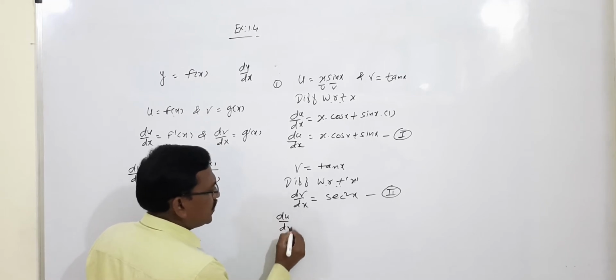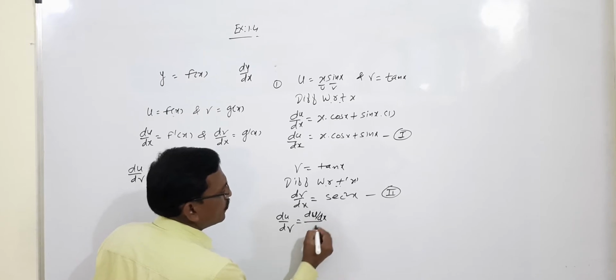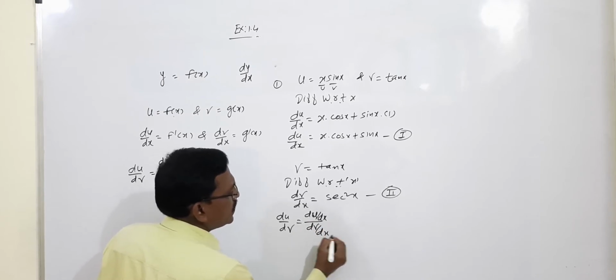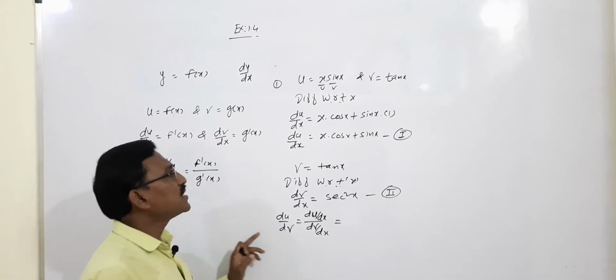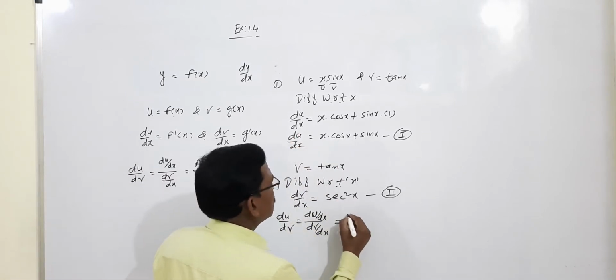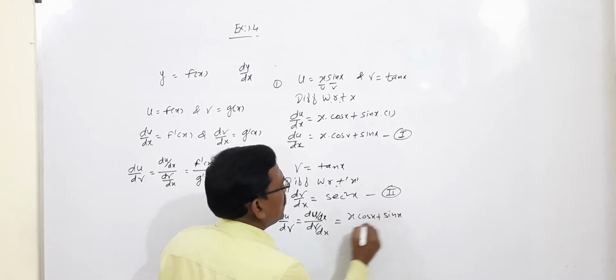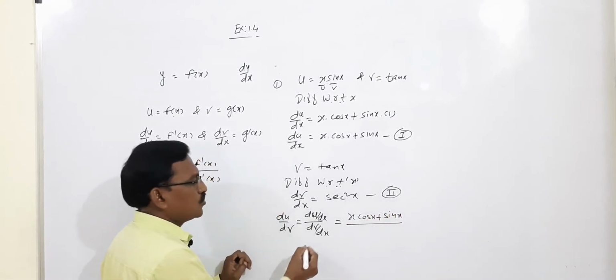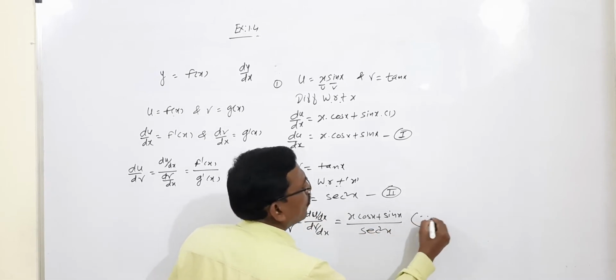Now du by dv is equal to du by dx divided by dv by dx. From equations 1 and 2 we put the value of du by dx, from 1 it is x into cos x plus sin x, and from 2 dv by dx is sec square x.